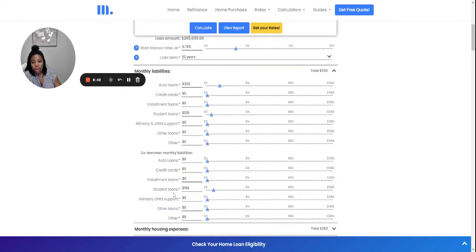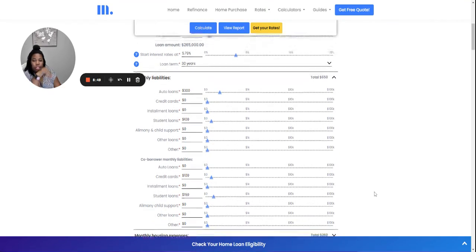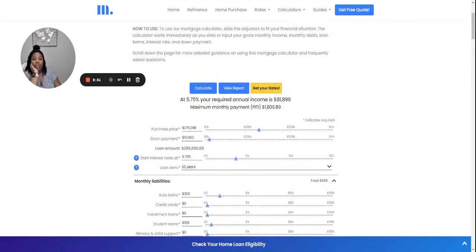For this co-borrower, all you have is a student loan. Let's put $100 a month that they're paying on a credit card, and now you're at $81,000. About $82,000 is about the average yearly income that both of the earners need to make. So about $40,500 apiece, which is pretty average in the DFW area.